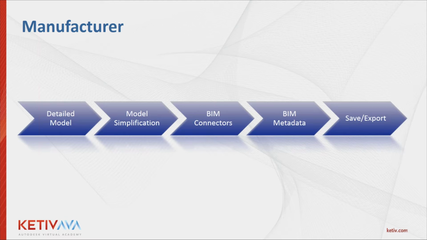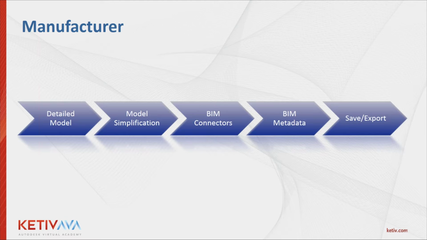The first thing we need to do is simplify that model so that not necessarily all the voids show up, maybe not all the internals, maybe you just need the bolted locations, or maybe, let's say it's a lighting fixture, where the actual wires are going to come from. So that's where we then start putting BIM connectors on that, so we know exactly what's going on. If it's an electrical, maybe a tray or conduit, etc., we'll be able to control that inside of Inventor.